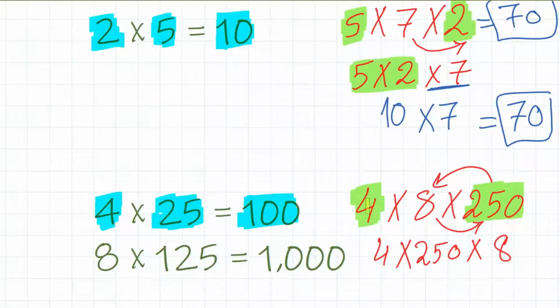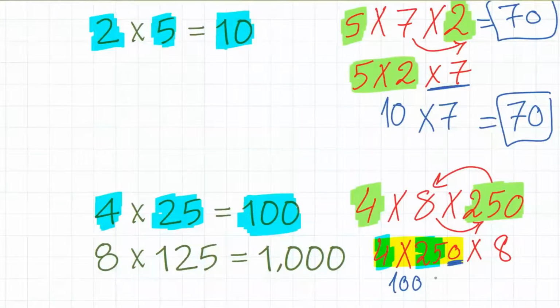As you see here, we have 4 and 250 friendly numbers. So multiply them together. As we all know, you have to keep it in your mind: 4 multiplied by 25 equals 100, right? So let's write 100 here, and we have 0 here. Put it as the same.